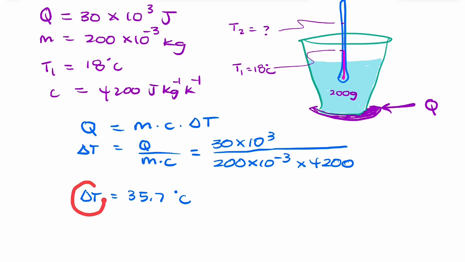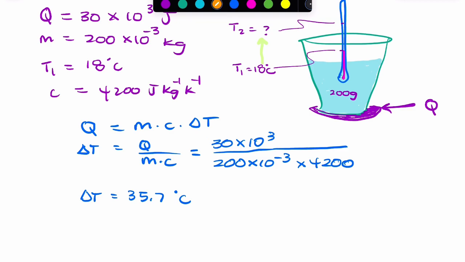So delta T is in Kelvin, but we're okay to use Celsius. So the change in temperature is 35.7 degrees. The temperature has gone up by 35.7. So if it was 18, it would end up being 18 plus 35.7.